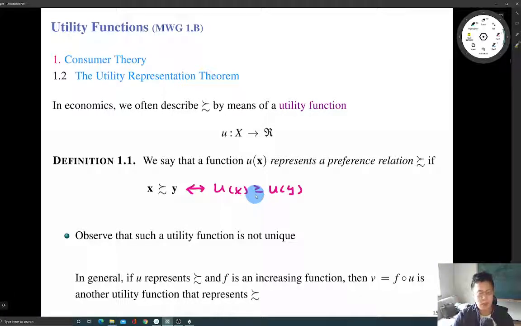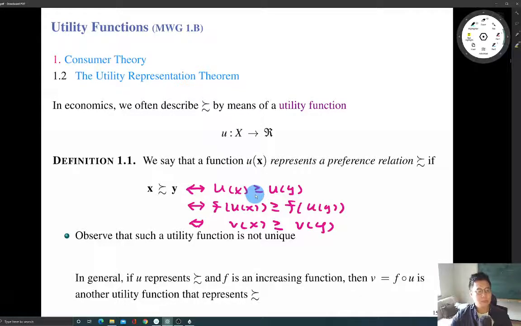Okay? So equivalently, f of u of x will be larger than f of u of y. Okay? So in other words, function v of x will be larger than function v of y. Okay. So if u represents this preference relation, so does function v.